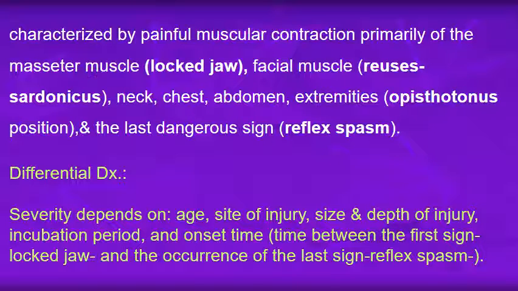Clinical pictures are characterized by painful muscular contraction, primarily of the masseter muscle, causing locked jaw. This is the first sign, locked jaw, followed by contraction of the facial muscles, the muscles of expression in the face on both sides of the nose and the cheek, causing what is called in Latin risus sardonicus, which means the devil laugh.